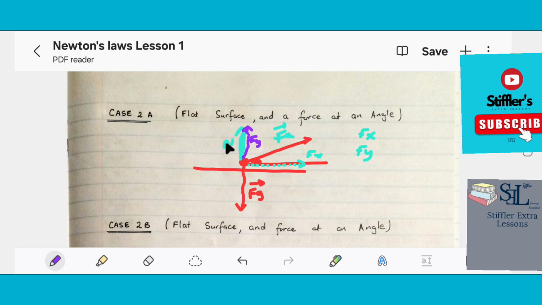So as I explained, that normal force, mostly it is there to balance the unbalanced forces that are acting up and down. So how do you calculate F at X? Before I forget, F at X, you calculate it using F cos of theta, theta being the angle at which this force is acting. And to calculate the F at Y, this is F sine of theta.